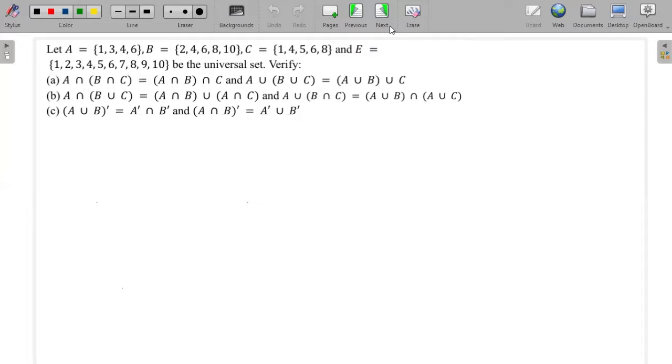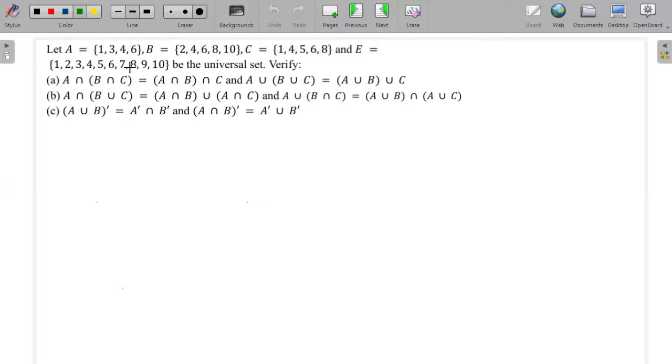We have the idempotent laws, De Morgan's laws, commutative, associative, distributive, and the set difference. Of course, the set difference you already know. We also have the properties of complements, and then the properties of the universal and the intersection set. So that's what we call the laws of algebra of sets.